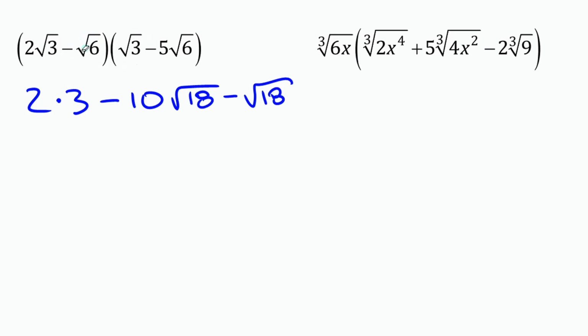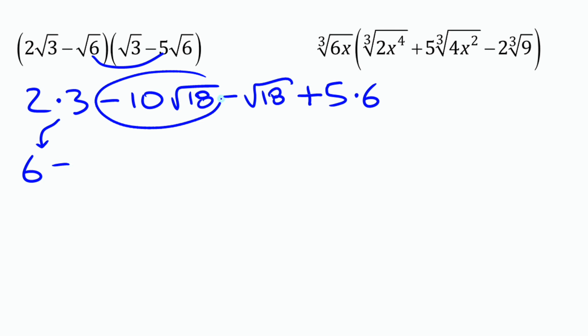And then the last pair there, minus root 6 times minus 5 root 6 is plus, because it's minus times minus, 5 times 6, right? Or root 36 if you want. Root 6 times root 6, you can write root 36 or just directly write it as 6 right away. 2 times 3 is going to be 6.